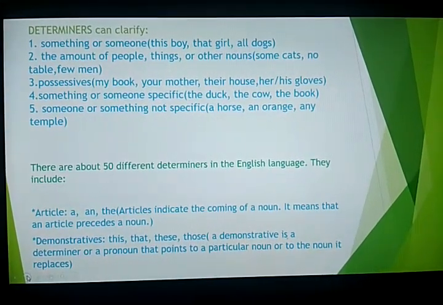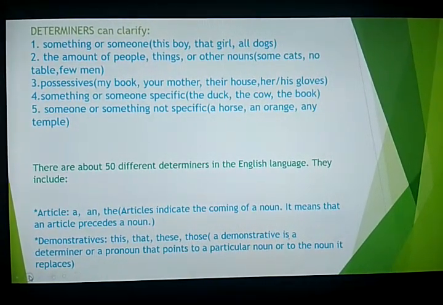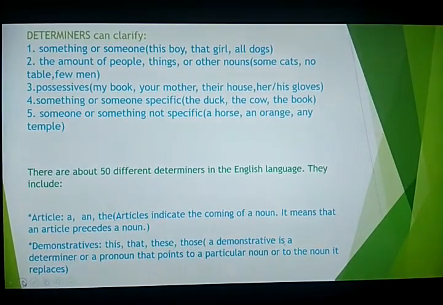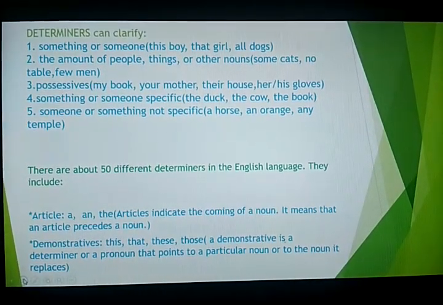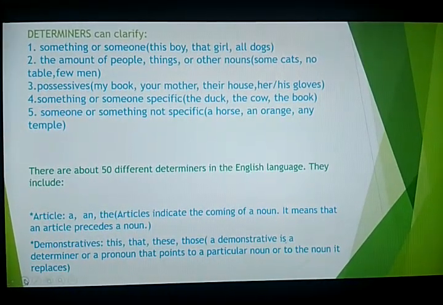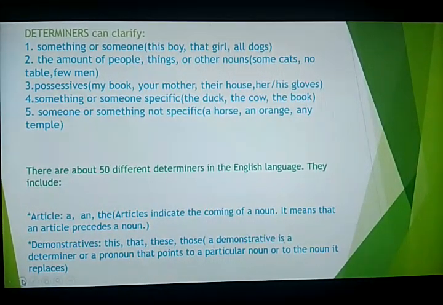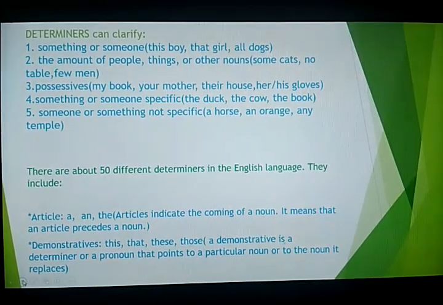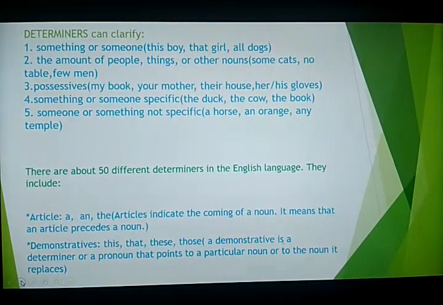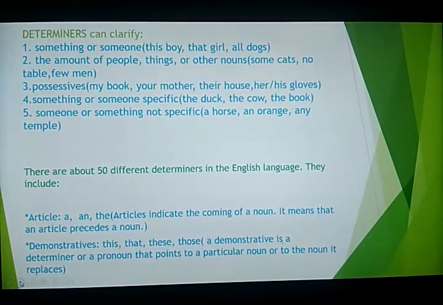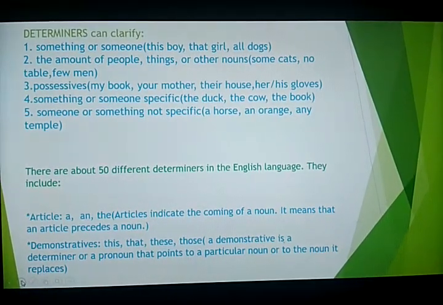So the first two, this and that, are used for singular, and these and those are used for a plural form. Now that and those, these two are used for indicating further objects or further persons. And this and these, these two are used for the nearer objects or nearer persons. So a demonstrative is a determiner or a pronoun that points to a particular noun or to the noun it references.